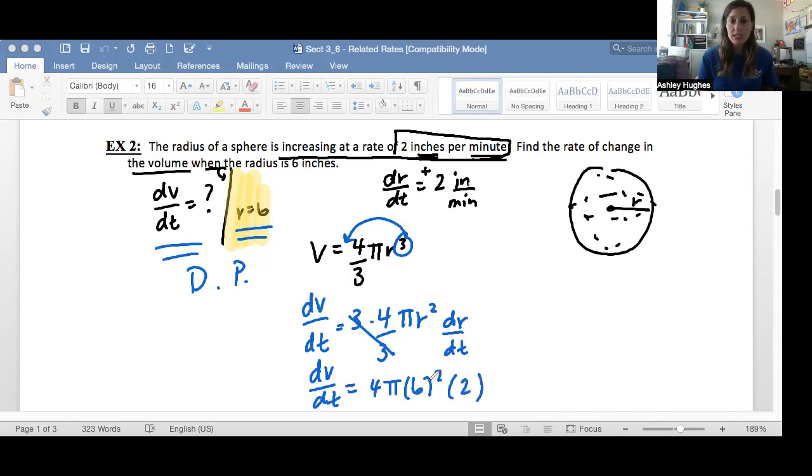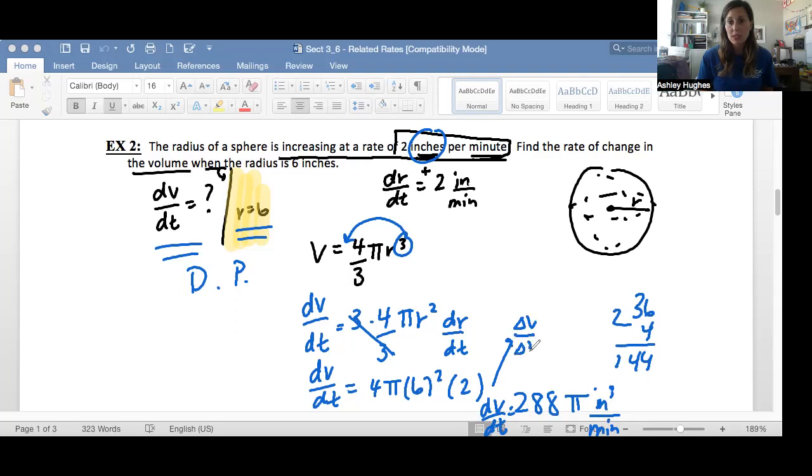So that's 36 times 4, what is that? 144 times 2, so 288. 288 pi, and now volume over time. Volume is going to be measured in inches cubed because it's 3D, per minute, because dV/dt, the d is like a small delta, change in volume over change in time. So your units should always check out.